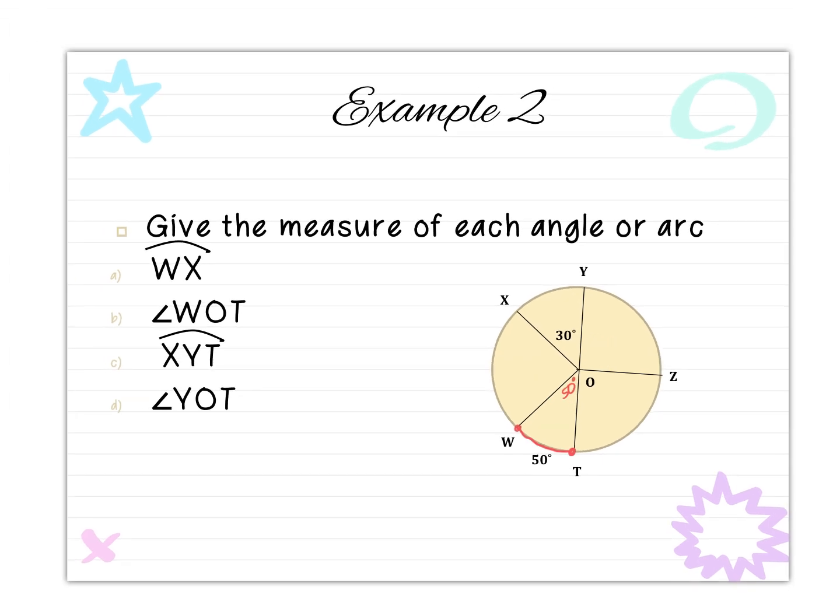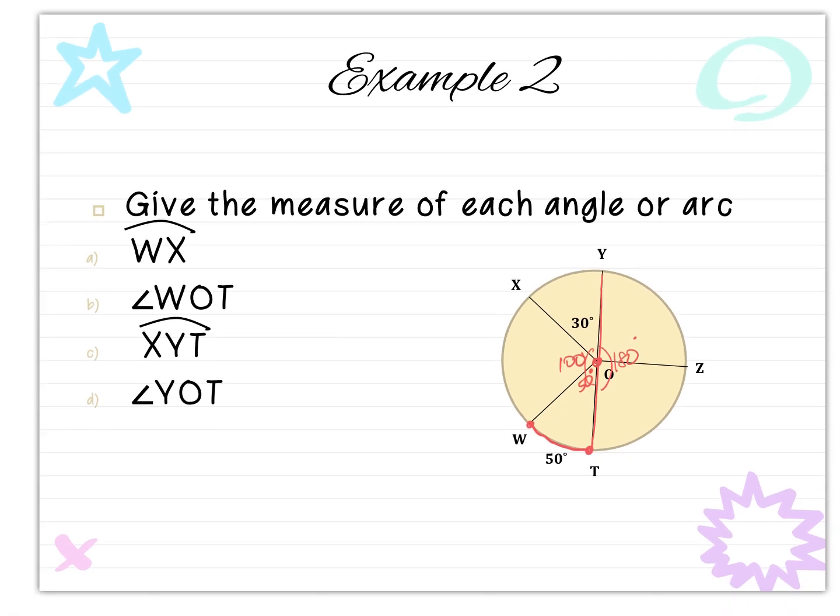I also know that this line here, YT, goes through the center at O. So this half is 180 degrees, and this half also has to add up to 180. If one piece is 30 and one is 50, the other one has to be 100. And so I've filled in some of these missing pieces.